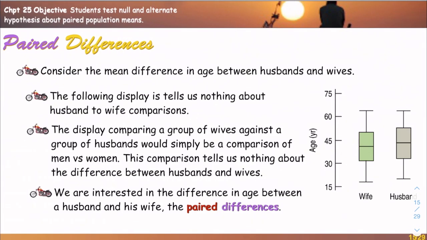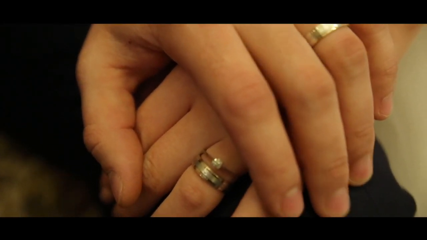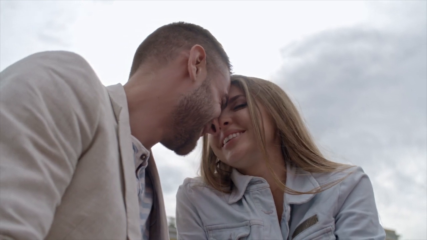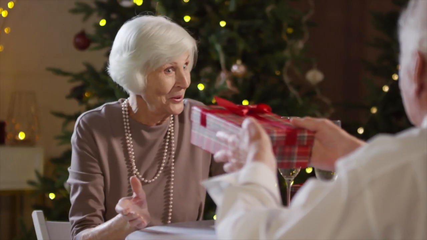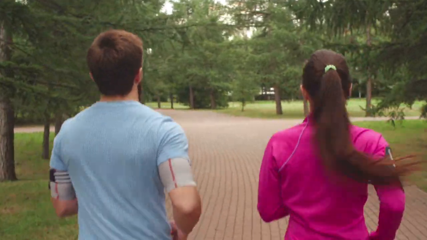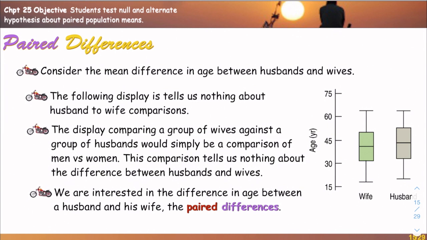So with paired differences, consider the mean difference in age between husbands and wives. If we look at this paired box plot, the display tells us nothing about the husband-to-wife comparisons. The display comparing a group of wives against a group of husbands would simply be a comparison of men versus women. This comparison doesn't tell us anything about the difference between husbands and wives.